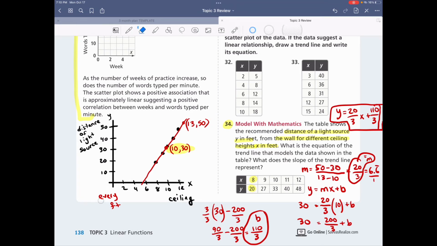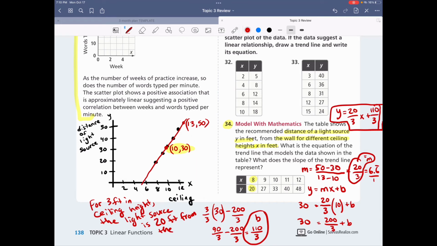We want to talk about the feet away from the wall, and so x's are on the bottom. So I'm sorry, for every 3 feet in ceiling height, the light source is 20 feet from the wall.